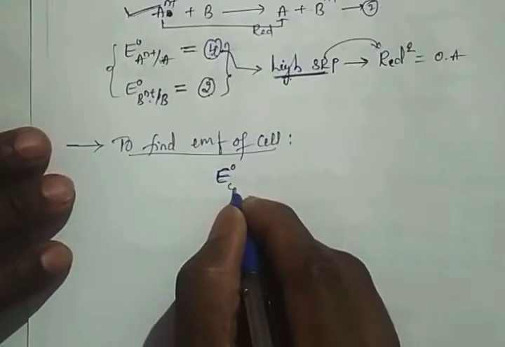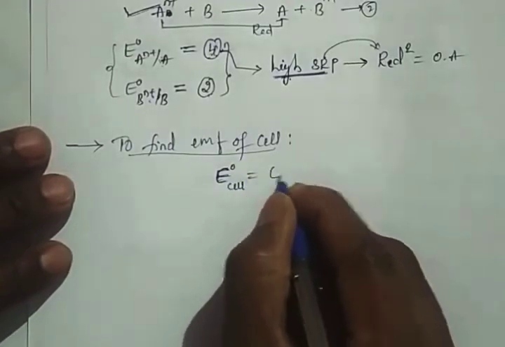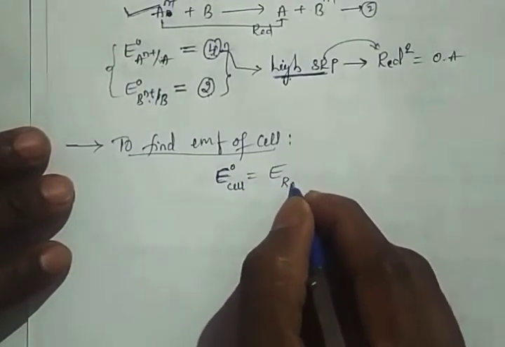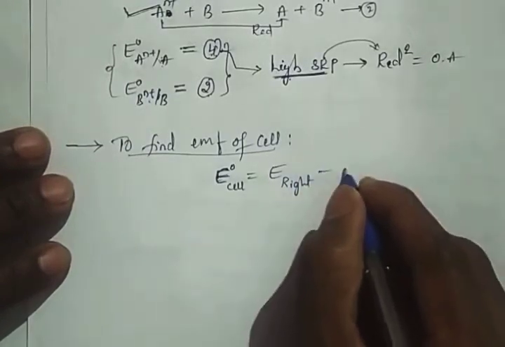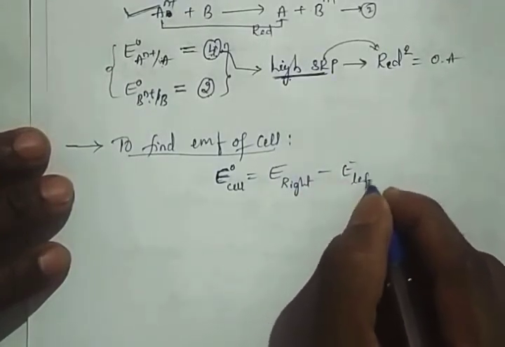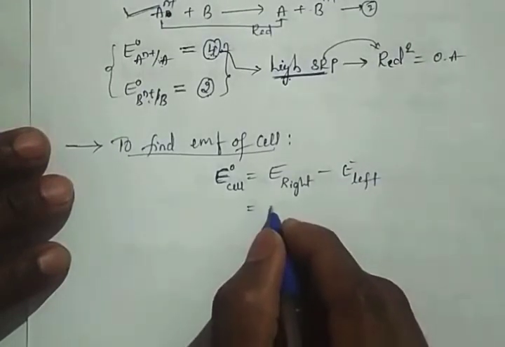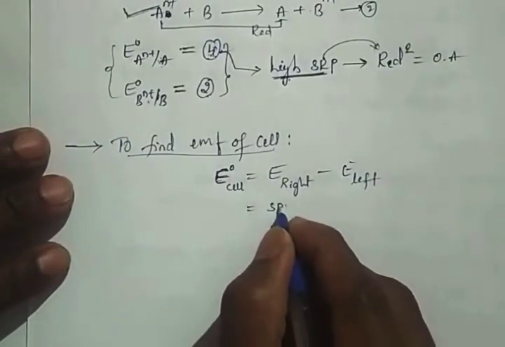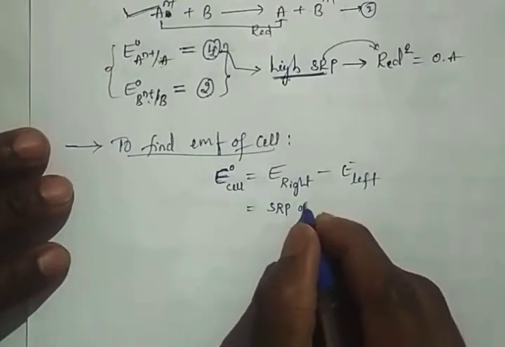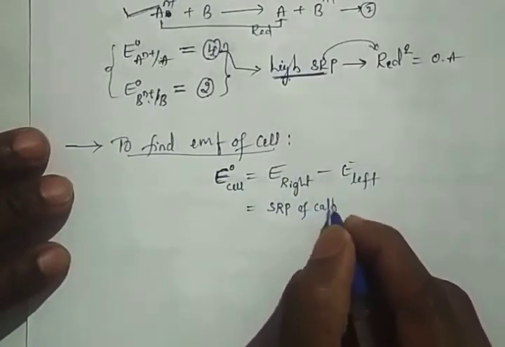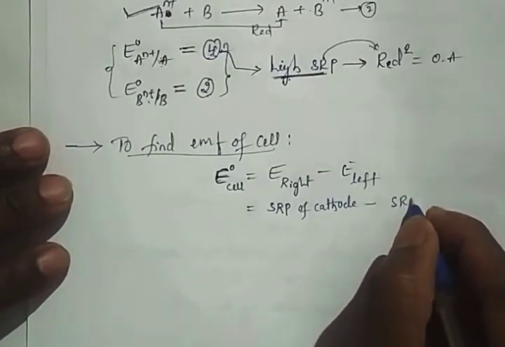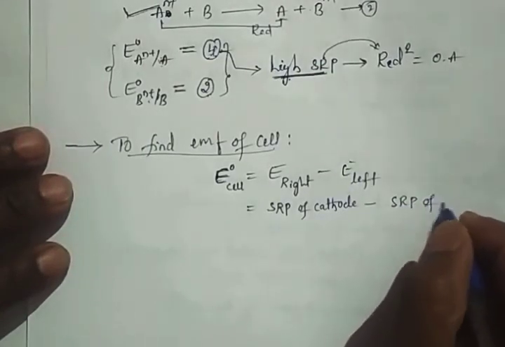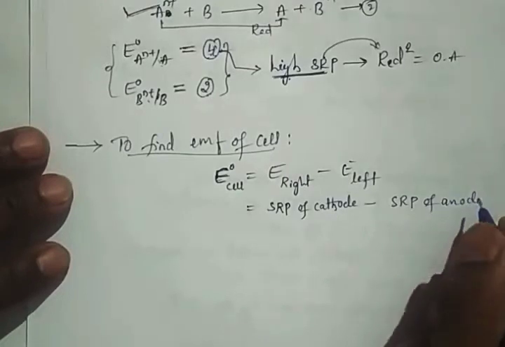E naught cell is equal to E right minus E left. That means the standard reduction potential of the cathode minus the standard reduction potential of the anode.